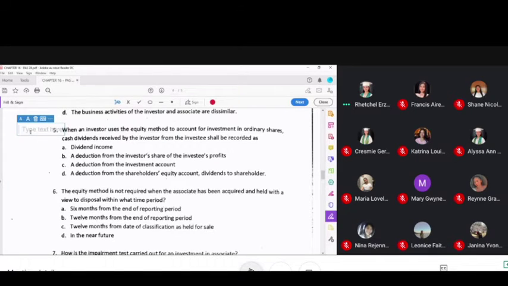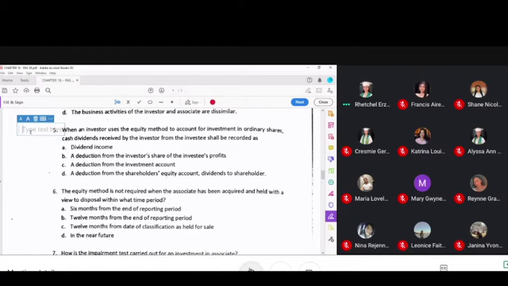So just like the capital account for your sole proprietorship, class, you start with capital beginning plus investments plus profit minus drawings minus loss. It's just that in associates class, it is not the whole profit because you do not own the entire profit or loss.